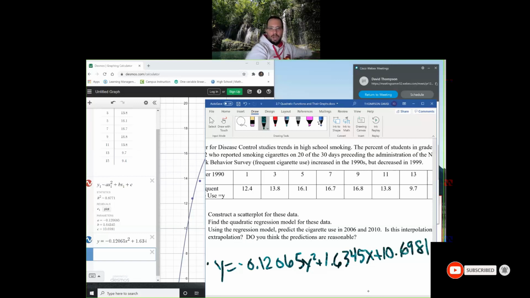Now, using the regression model, predict the cigarette use in 2006 and 2010. Is this interpolation or extrapolation? And do you think the predictions are reasonable?